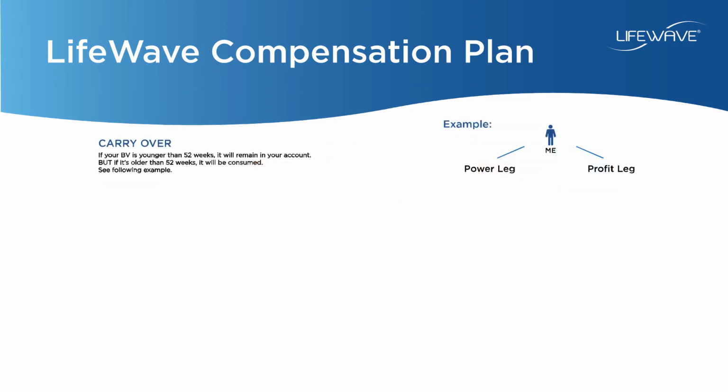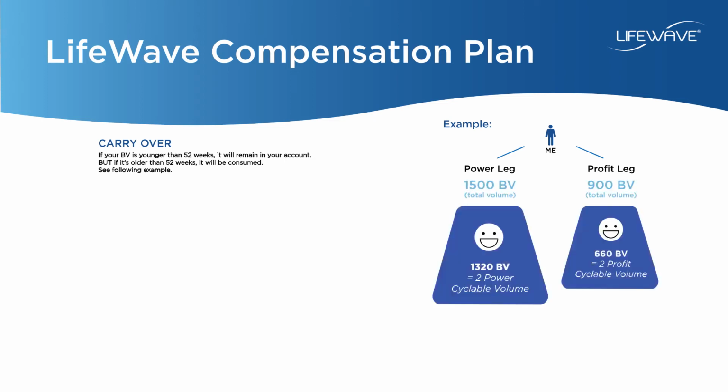Now, we talked a little bit about carryover volume, and this example can help you to understand a little bit about how carryover volume works. We talked about cyclable volume, right? So cyclable volume means any volume that meets that cycle ratio, and it could be 1 cycle, 2 cycles, 50 cycles. However many cycles that meet that ratio would be considered cyclable volume and will be processed and consumed from week to week.